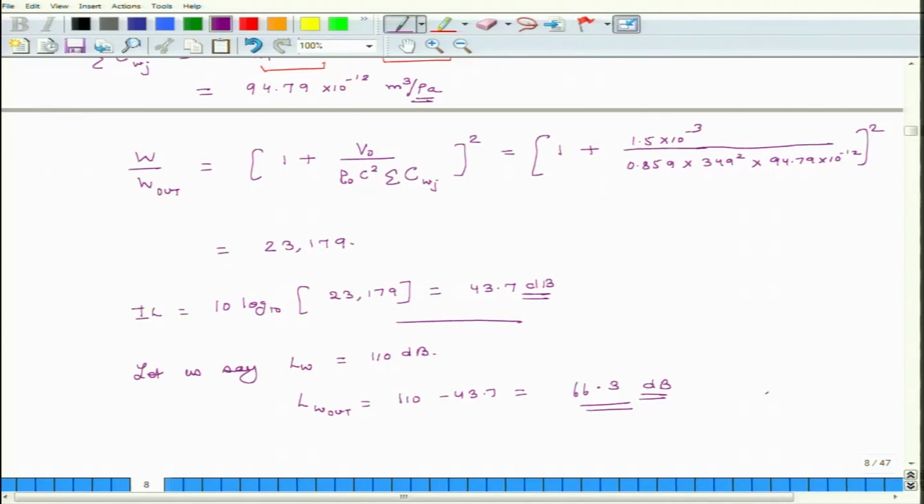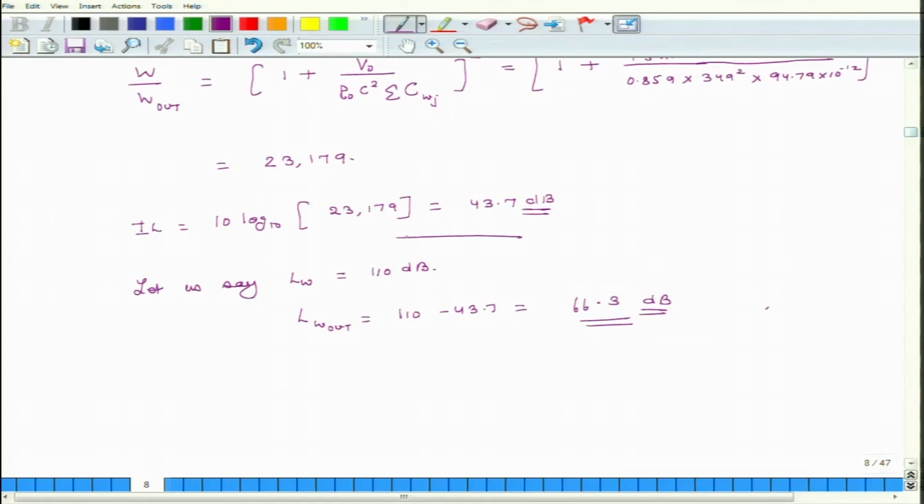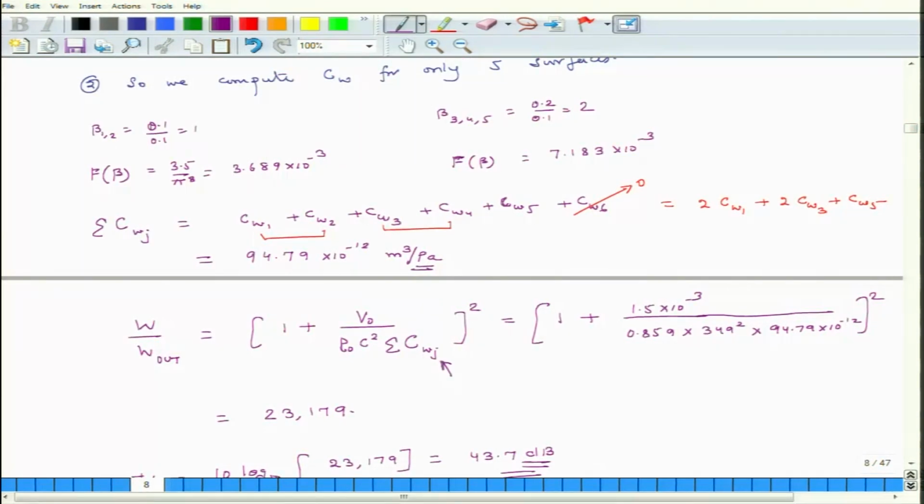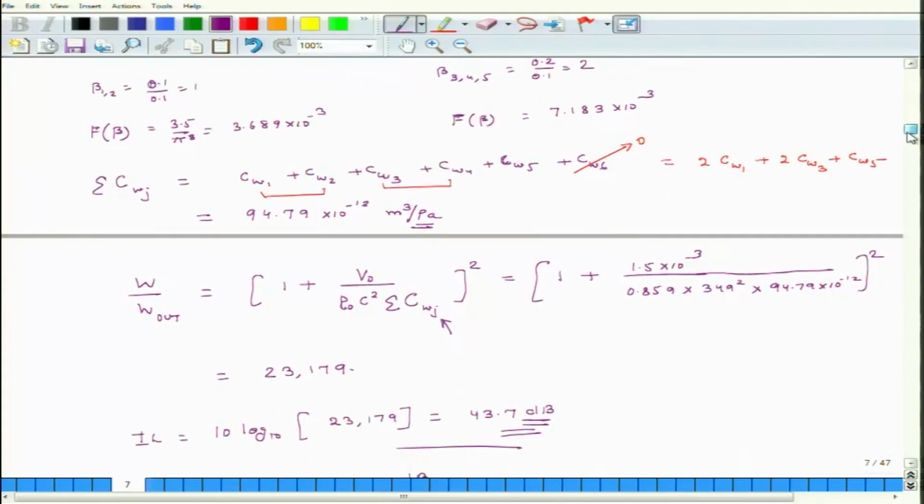Suppose you were not happy with this insertion loss and you wanted to increase it further, what would you do? You would like to reduce the compliance further, or make the system stiffer. How does compliance get changed?